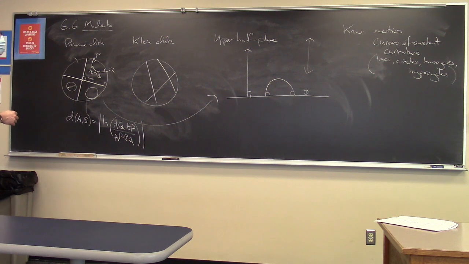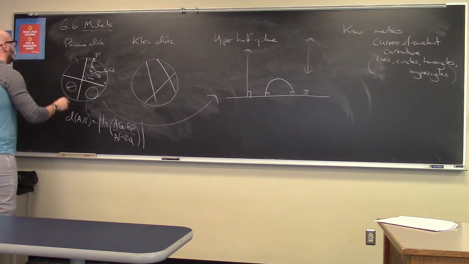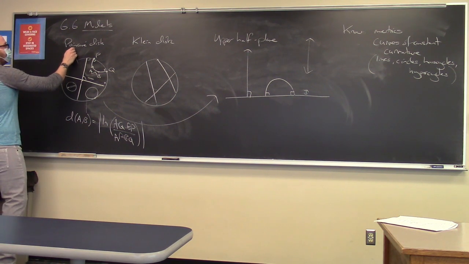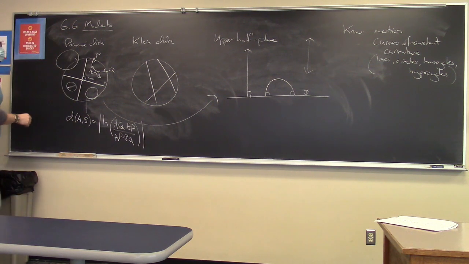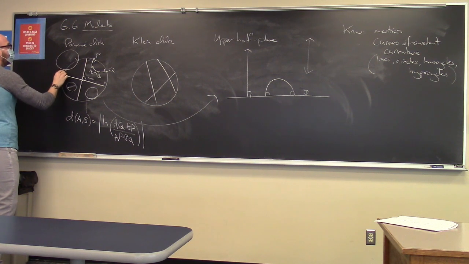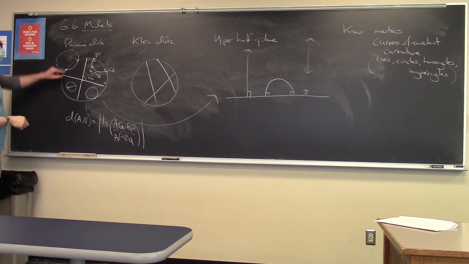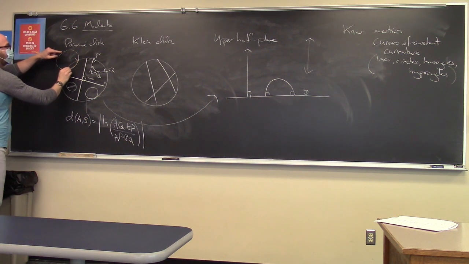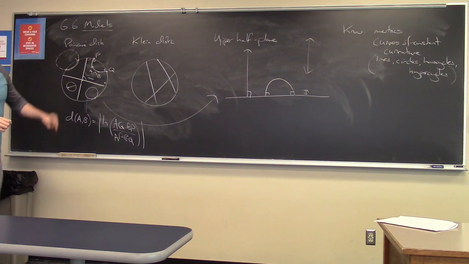And then we had hypercycles, which are circles that intersect the boundary of the disk, but don't necessarily intersect orthogonally. And the portion of this circle that actually lies in the model, this part, is called a hypercycle.